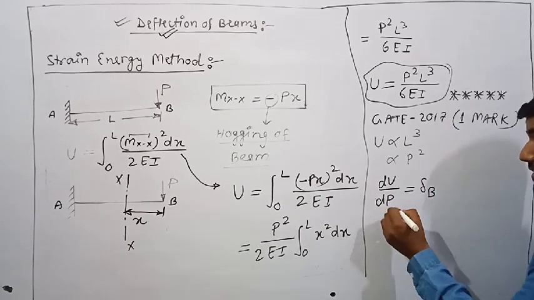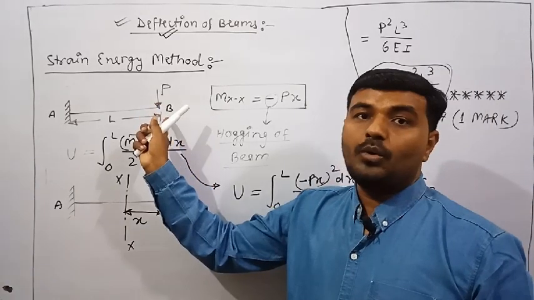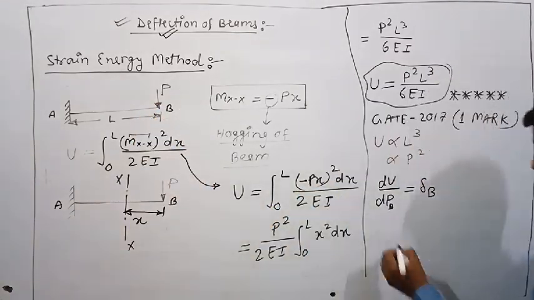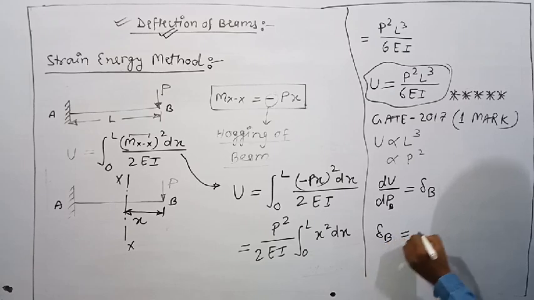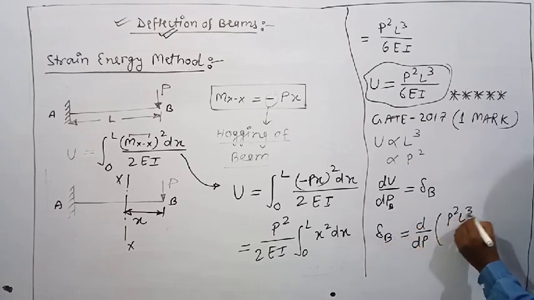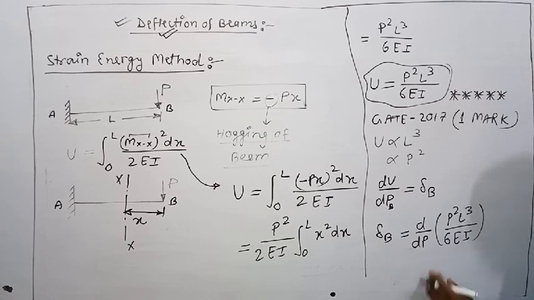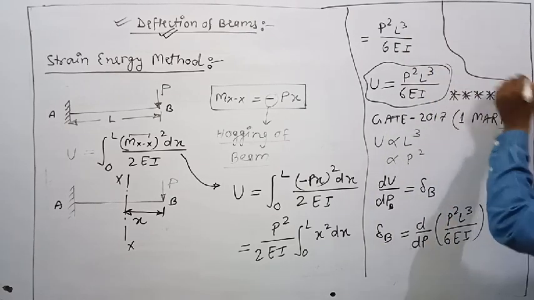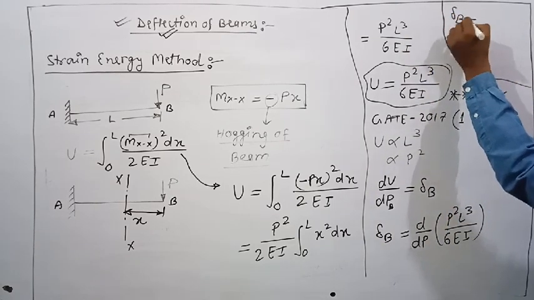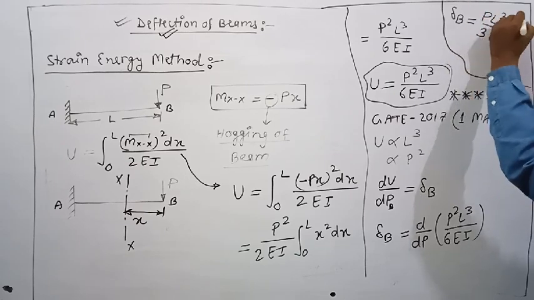So we have to differentiate with respect to the load which has been applied at point B. So students, after differentiating P square L cube upon 6EI, we will get delta B equals PL cube upon 3EI.